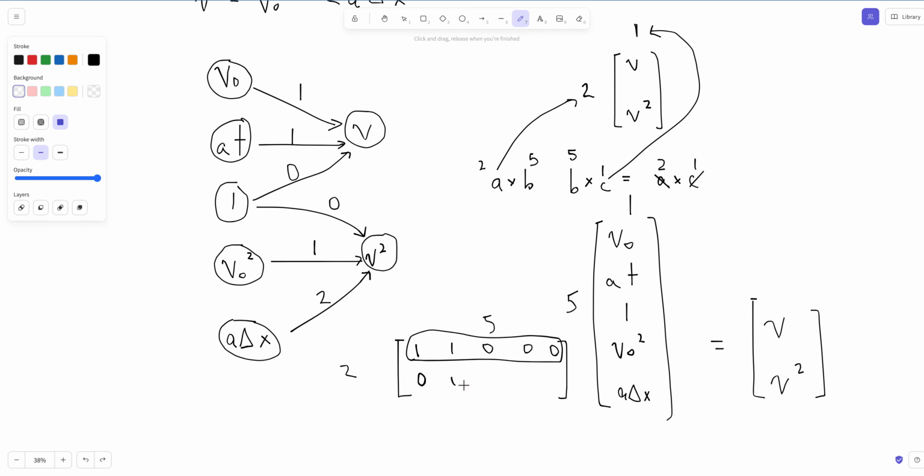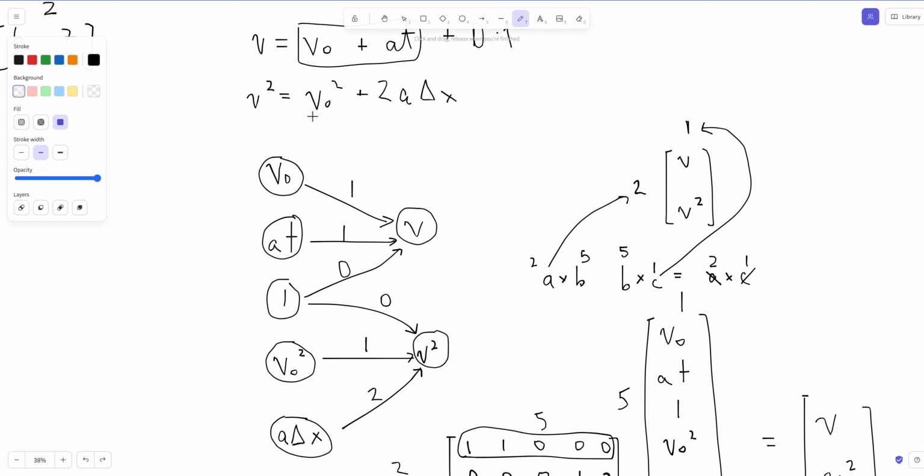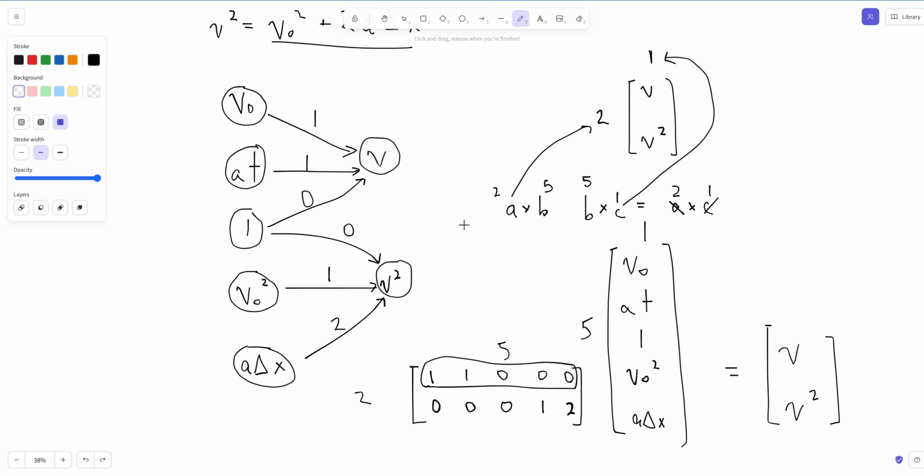Same thing for AT, and there's nothing on the 1, so there's no bias here either. And then we have 1 times V naught squared and 2 times A delta X. And if you want to sanity check this dot product again, you'll see that it's identical to the following equation, which is equal to V squared.